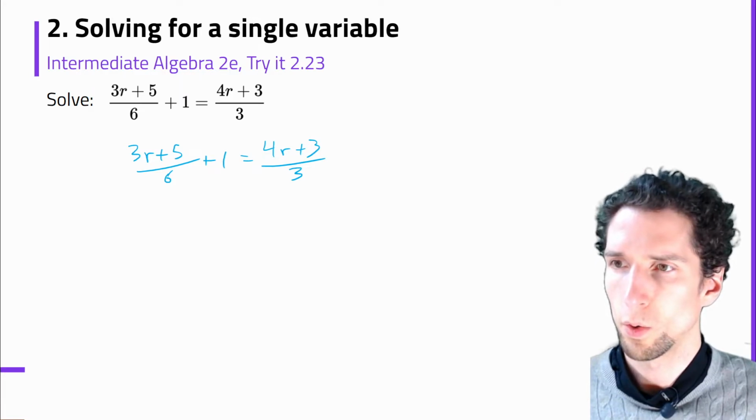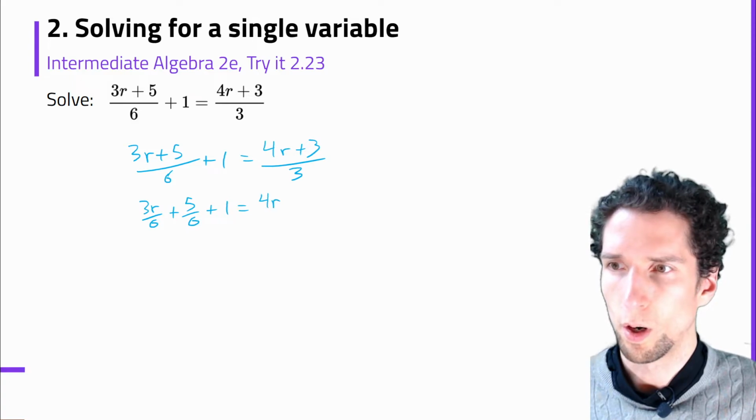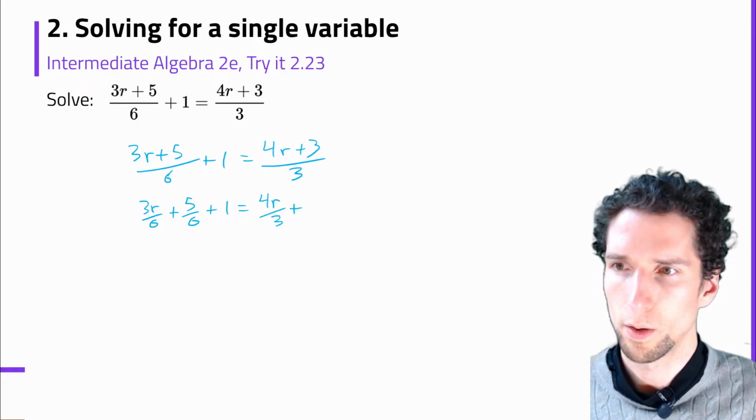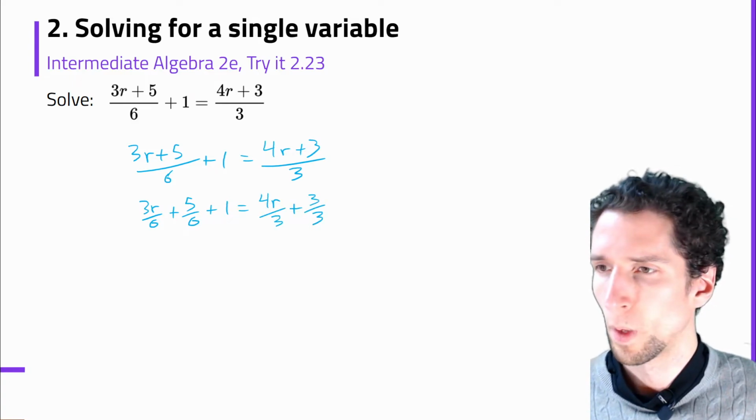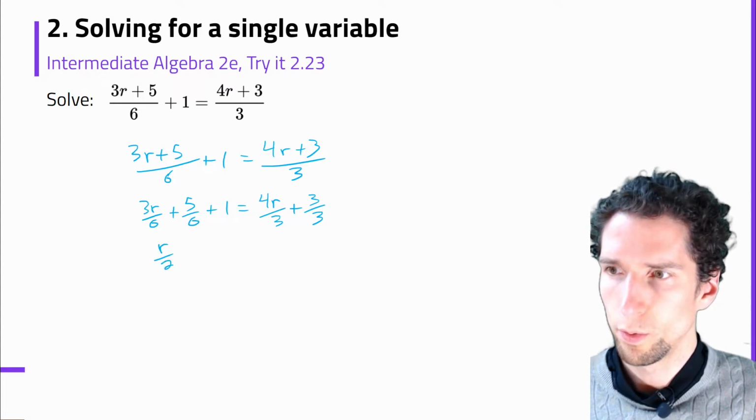Okay, so I'll split this up. 3r over 6 plus 5 over 6 plus 1 equals 4r over 3 plus 3 over 3. All right, if we simplify this, then that's r over 2 plus 5 over 6 plus 1 equals 4 over 3 r.